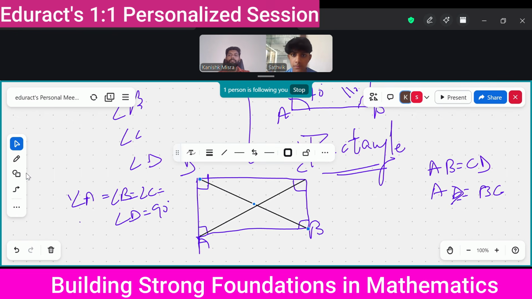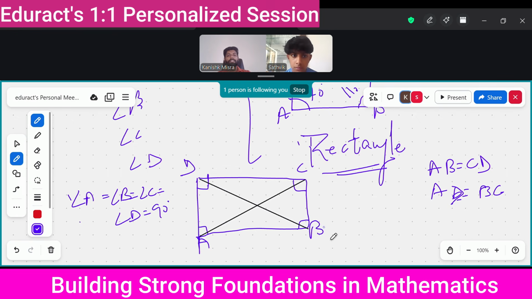What do we mean by equal in length? Diagonals intersect each other and are equal in length. That means AC is equal to BD.